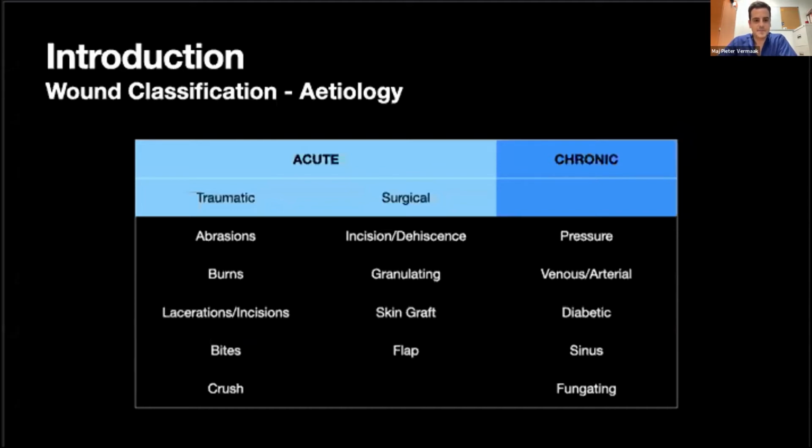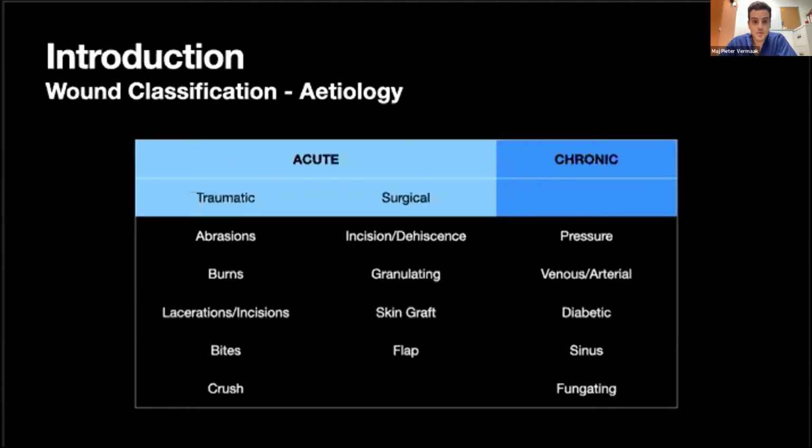And within that, you're then going to get different types of wounds. From the traumatic side, you'll get abrasions, or burns, or lacerations, incisions, stab wounds, that sort of thing. But you can also get bites and crush injuries. Surgical wound, so it could be just a nice healing surgical wound. It could be one that's dehisced or broken down for whatever reason, one that's gotten infected.